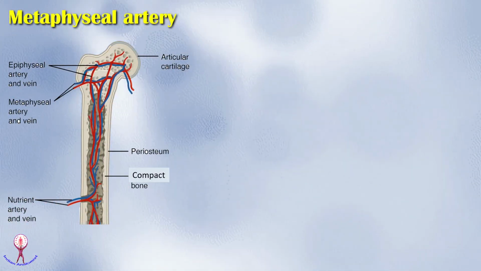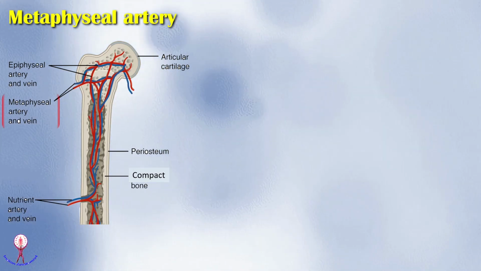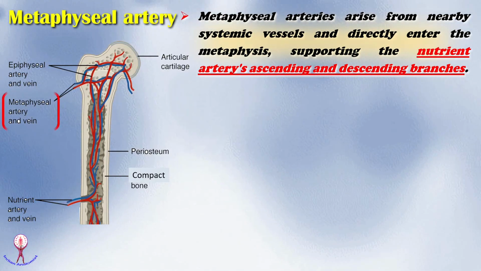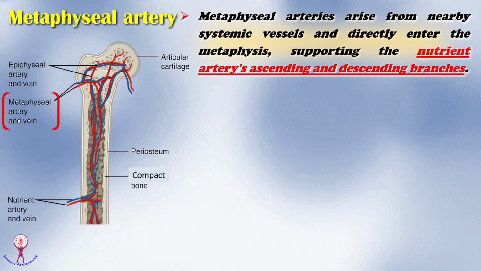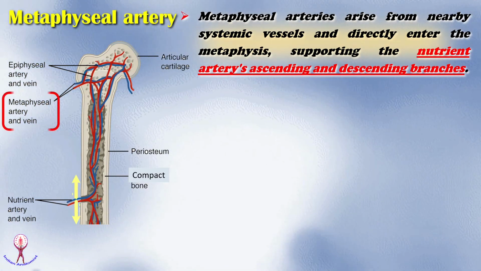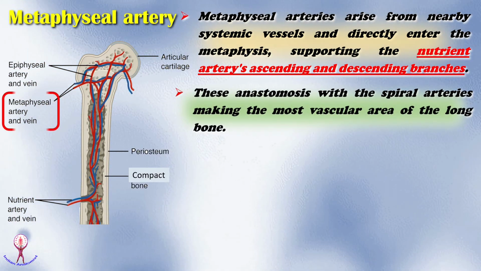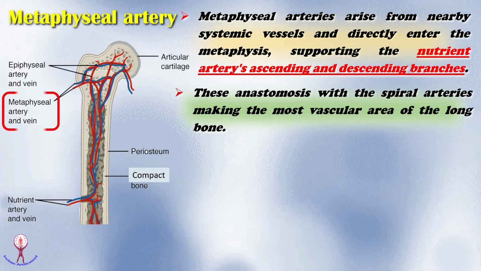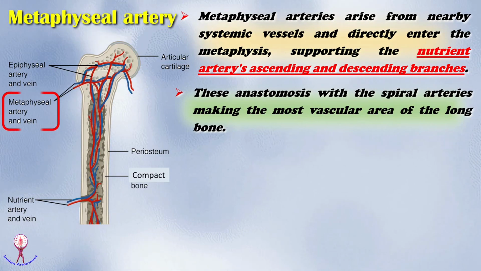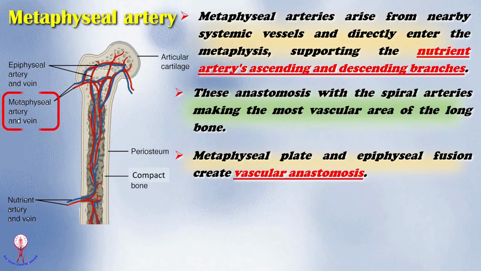Now, what are metaphyseal arteries? Metaphyseal arteries arise from nearby systemic vessels and directly enter the metaphysis. It supports the nutrient arteries' ascending and descending branches. These anastomose, or form an arterial union, with the spiral arteries, making the most vascular area of the long bone.